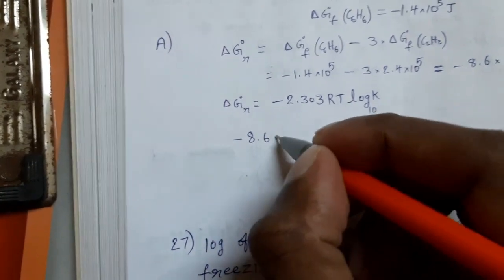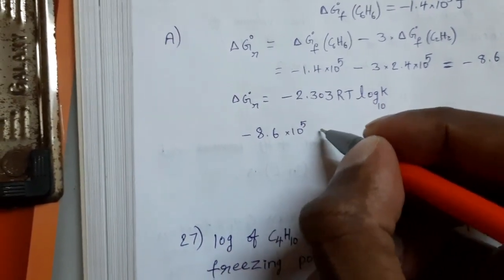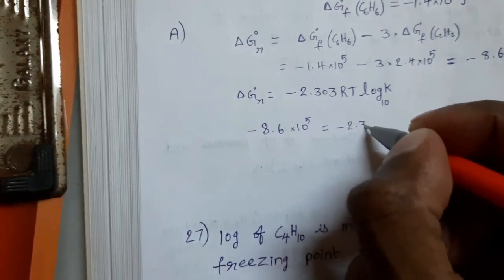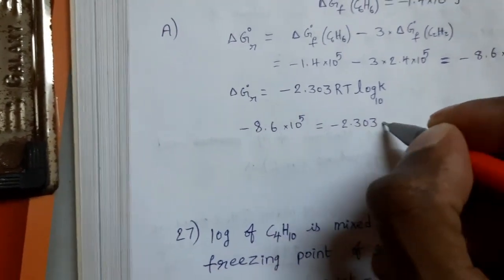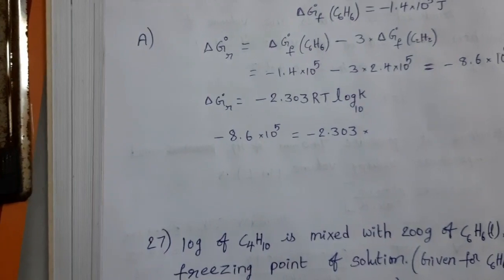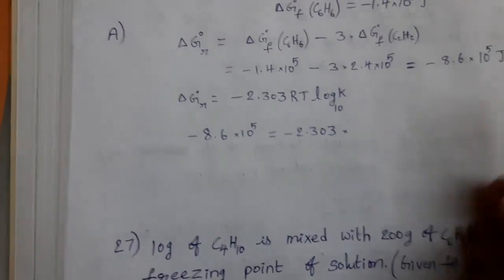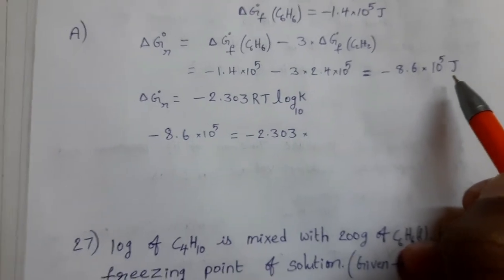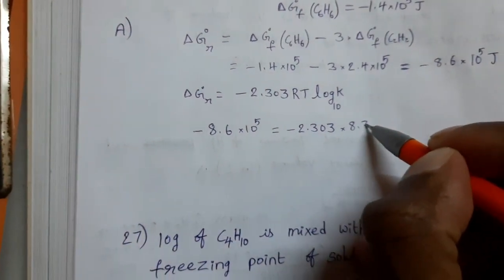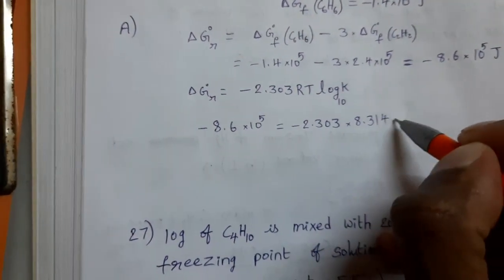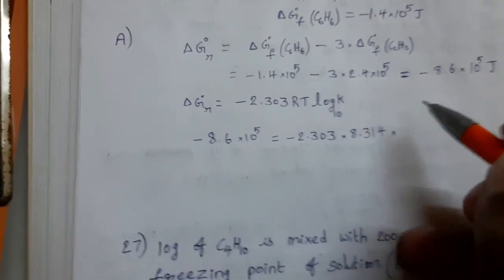Minus 8.6 into 10 power 5 joules equal to minus 2.303 into R value. We should take R in joules, because delta G naught R is obtained in joules. So R value 8.314 joules into temperature.